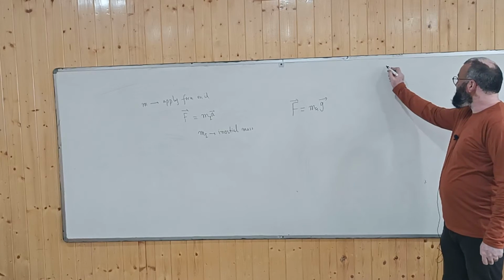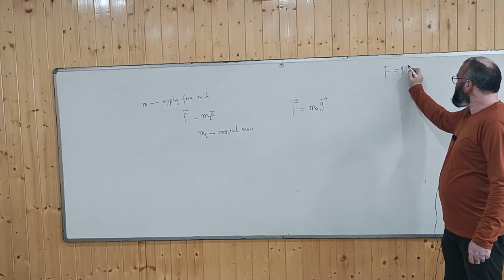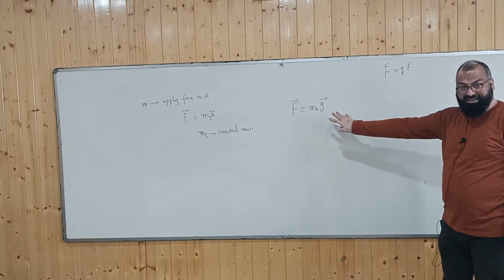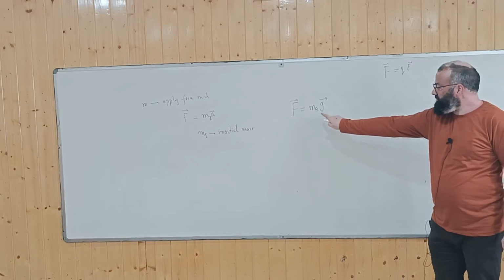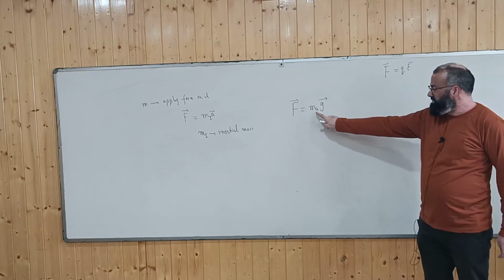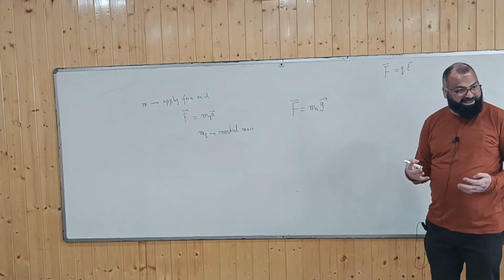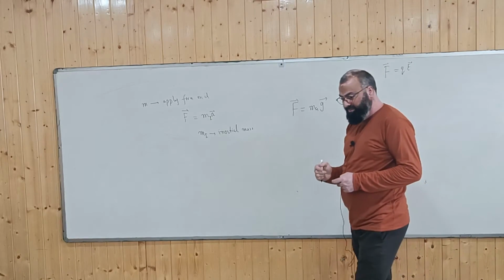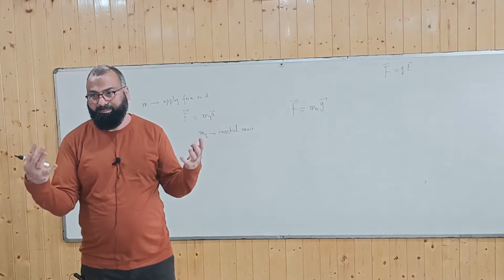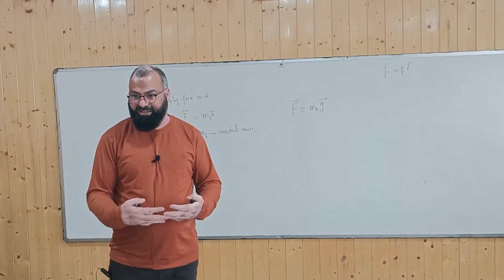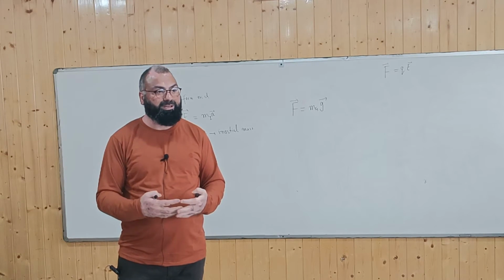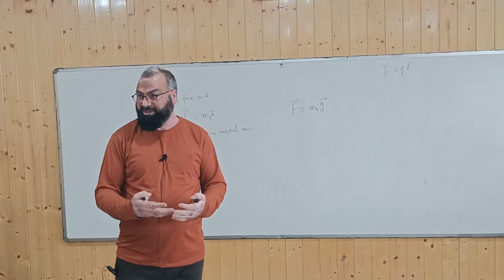Think in terms of electrostatics: F is equal to Q times E. By analogy, G is the field, E is the field, F is the force. Then you can analogously say this mg is a gravitational charge, because when a given object interacts with gravity, it interacts through a certain property. Let's call that property the gravitational mass. So we have identified two types of masses for a given object.